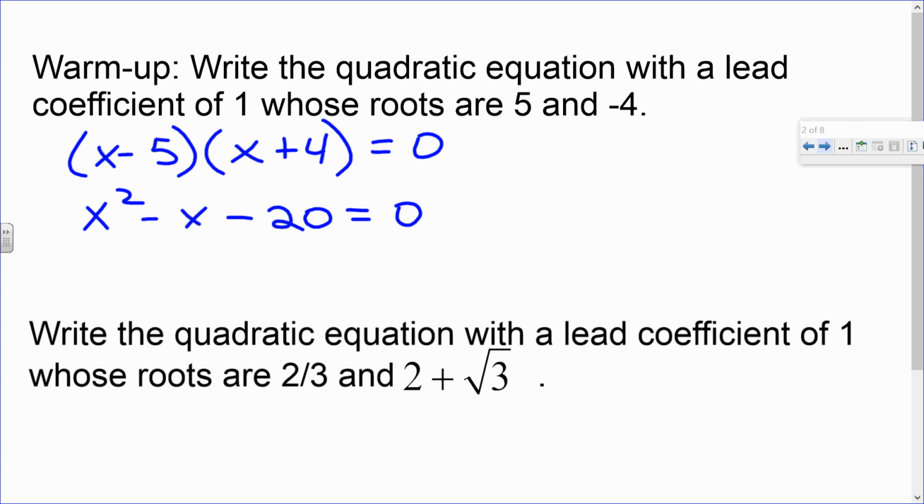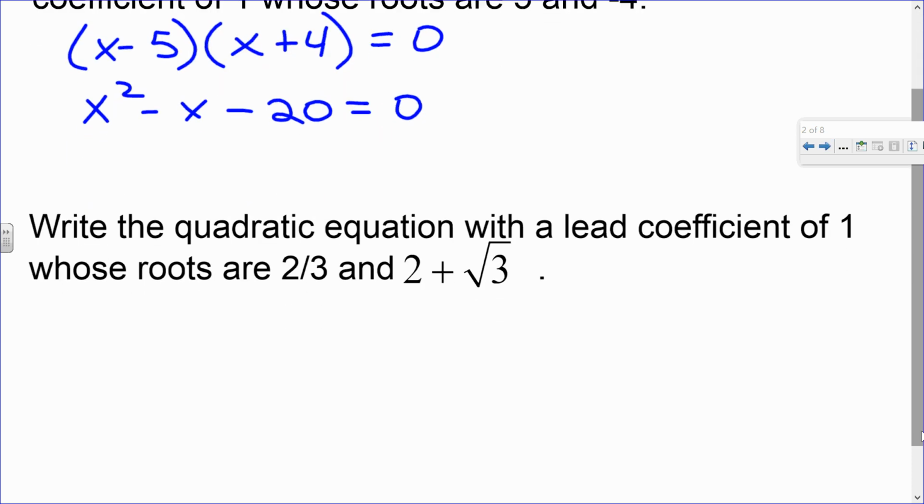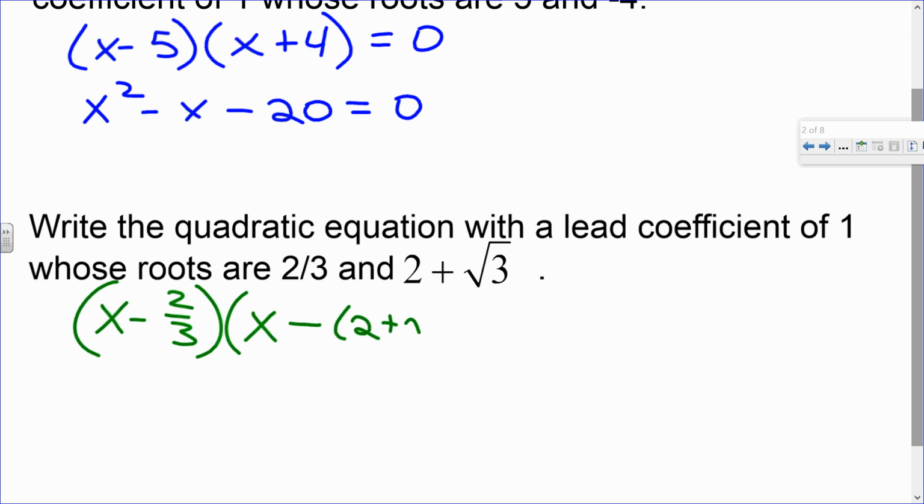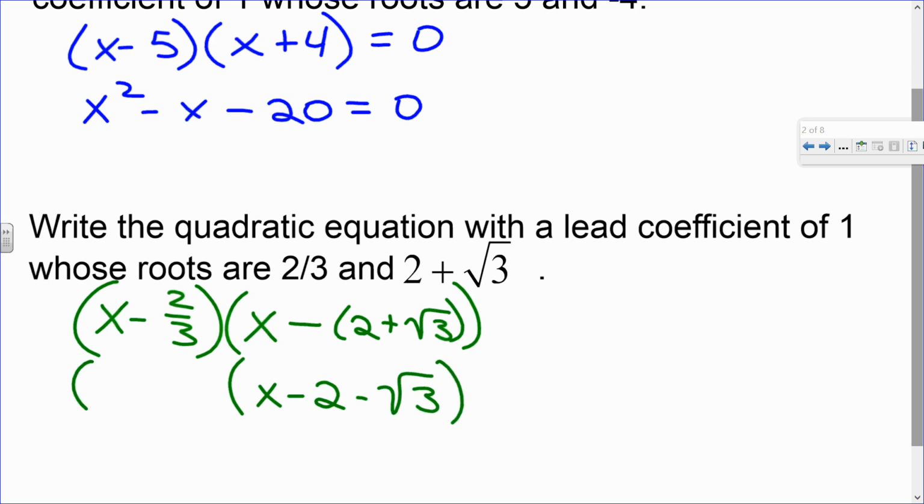Process for the second one. What did you do to set it up? Same process or something different? Natalie? Same process. x minus the first one, x minus the second one, equals 0. So x minus 2/3, x minus, and if I take minus that entire root, I've got to remember that I am distributing that minus sign, so I'm taking the opposite sign of both of those.